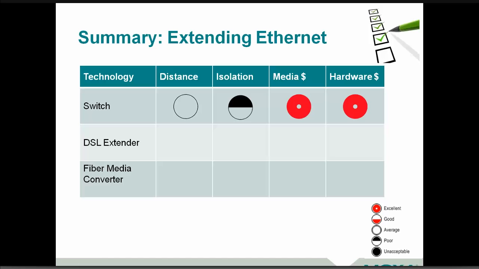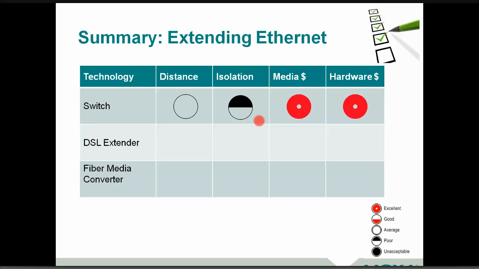So let's take a look at the switch technology. If we rate this, we've got a couple things here. Not very good distance. We're still stuck with that 300 or so feet with each link, but you can cascade switches to do that. Isolation, not much more than a switch, by capabilities of Ethernet with that galvanic isolation transport coupling.